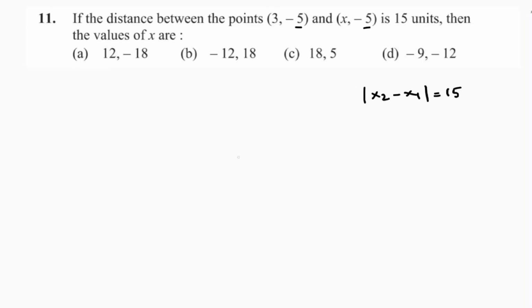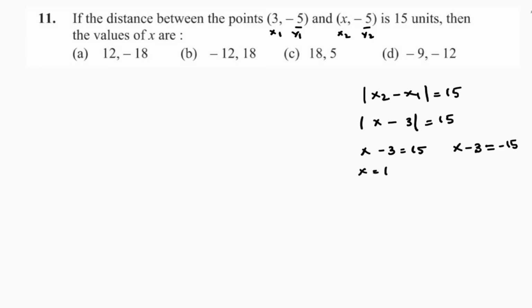Here x2 is x, x1 is 3. So the absolute value of x minus 3 equals 15, so x minus 3 equals plus 15, or x minus 3 may be minus 15.